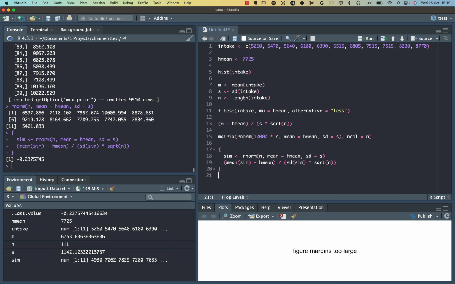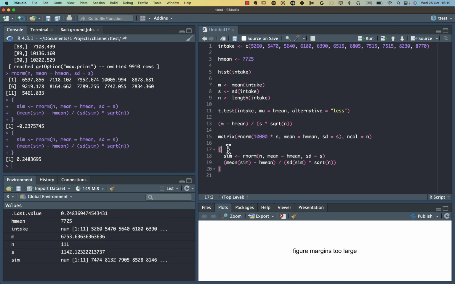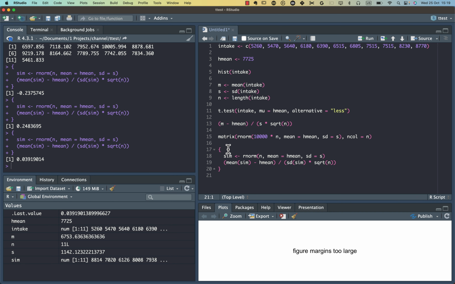So this is an R expression, and if I run this over and over again, it will generate different values. So these are values of the t statistic that are drawn from the distribution, assuming that the null hypothesis is the true one.